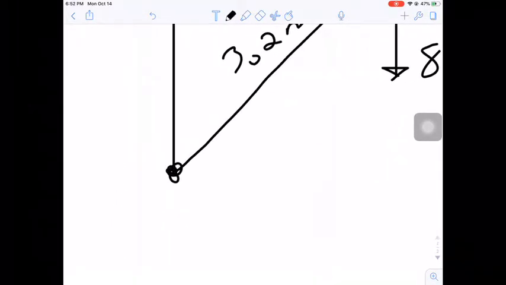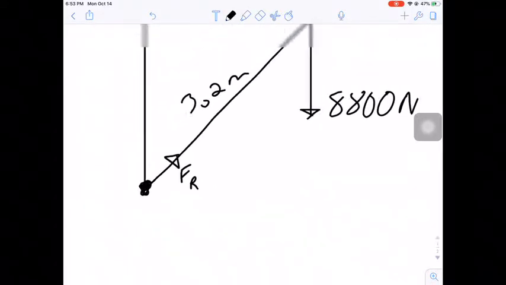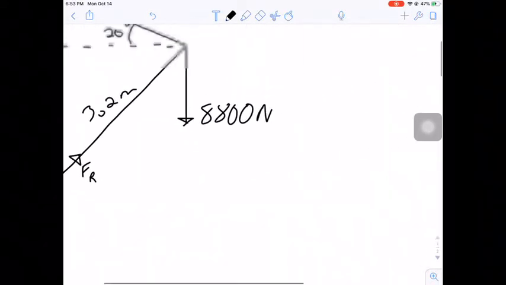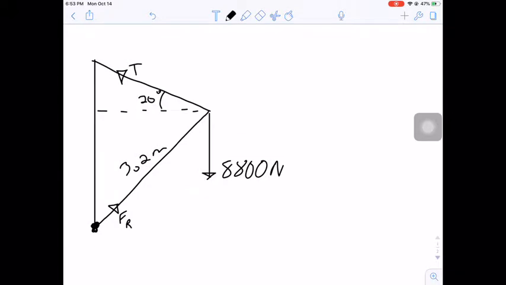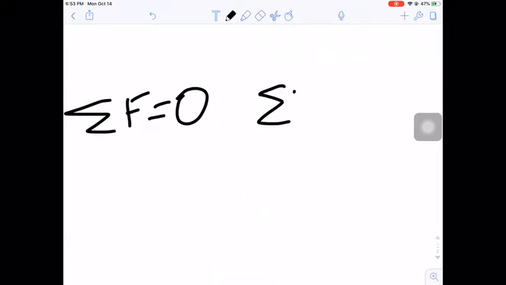And there is a force in this rod, so I'll just call it F of R, or FR. Okay, and starting off, we know that it's in equilibrium, so the net force is equal to 0, and the torque has to be equal to 0.